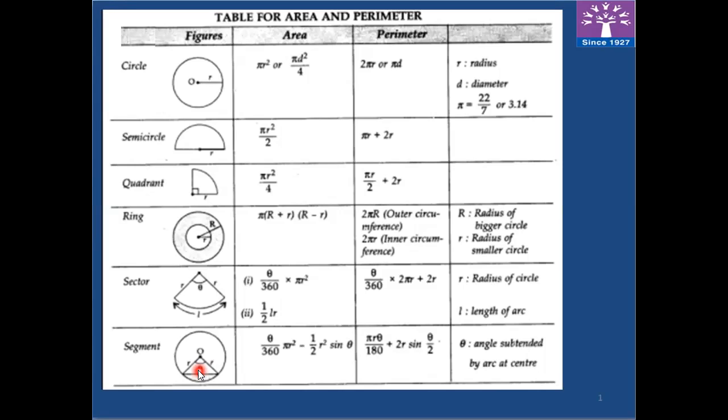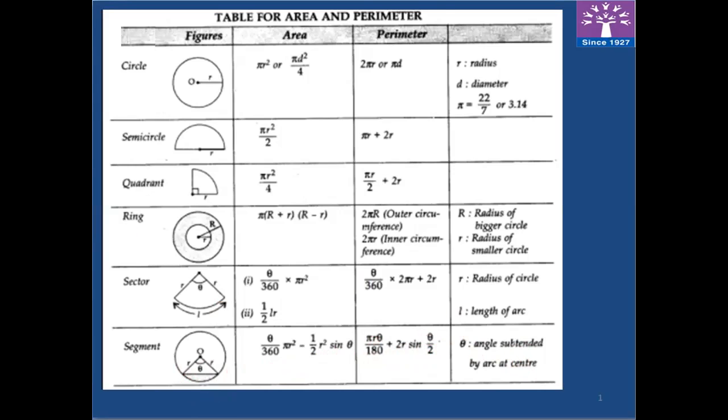If the central angle is 90 degrees, then we can use half base into height. But in general, if we use 1 by 2 r square sine theta, then we can find out its area. The segment perimeter will be pi r theta by 180 plus 2 r sine theta by 2, where angle theta is the angle subtended by the arc at the center.